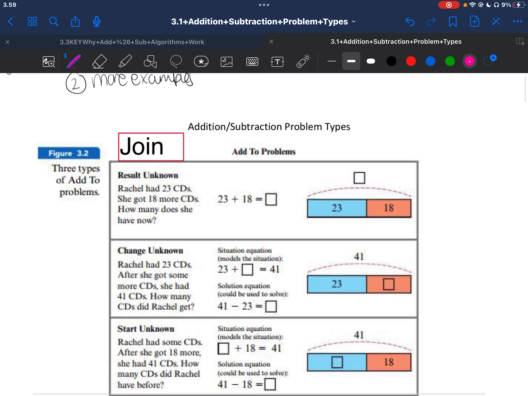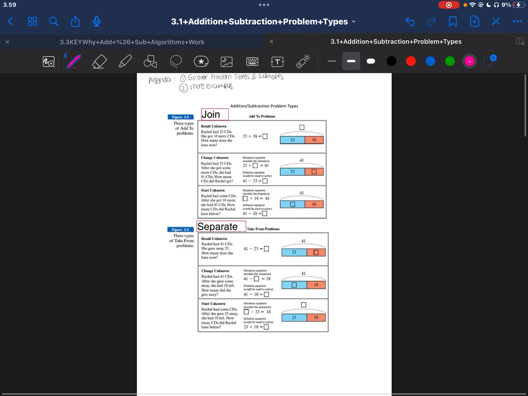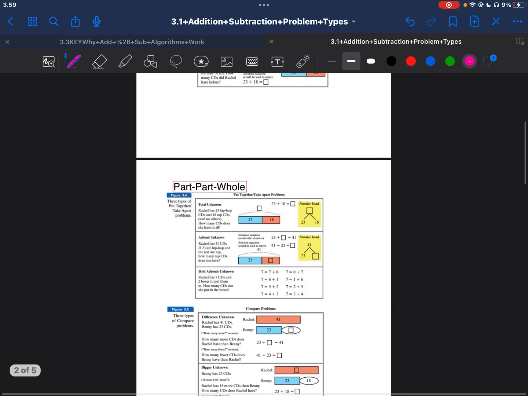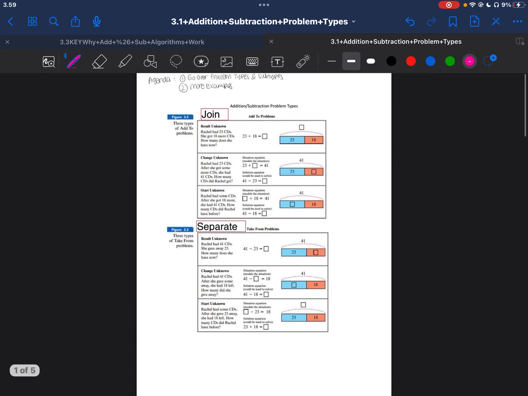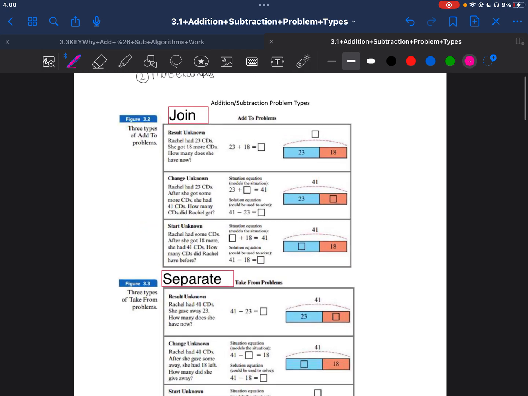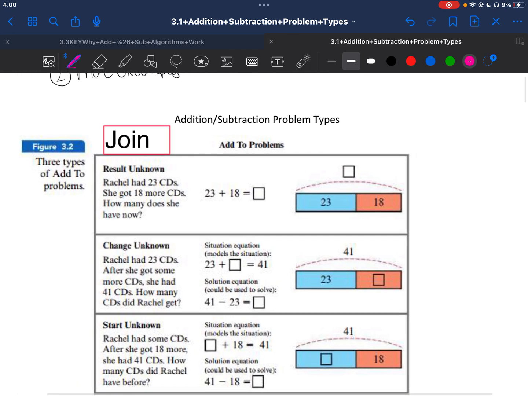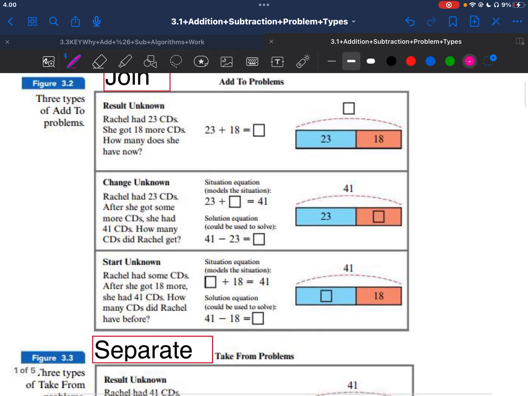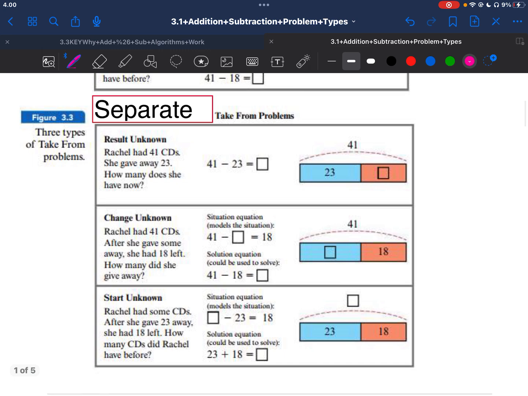So let's jump in. We have three main types. I'll explain why it's three, not four. So we have our join problem. Basically, it's just your additions, right? And then we have our separate problems.